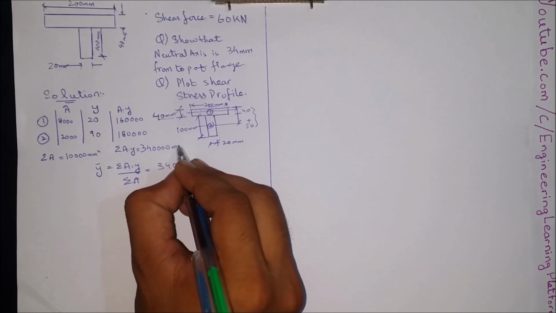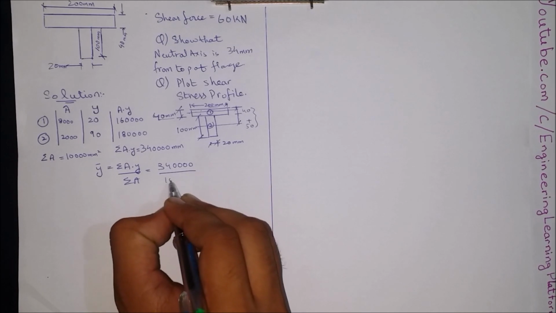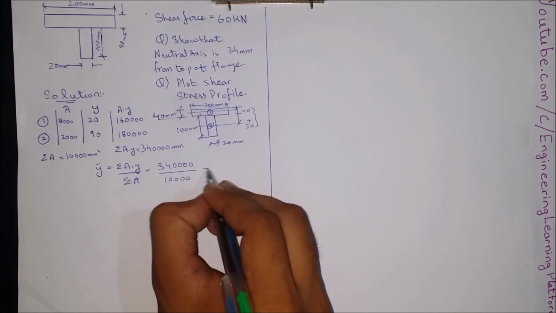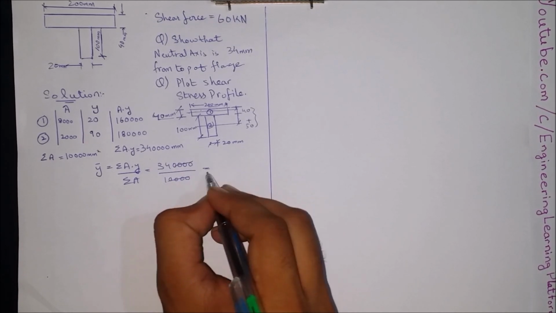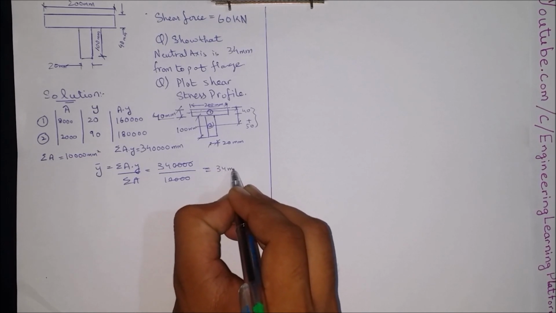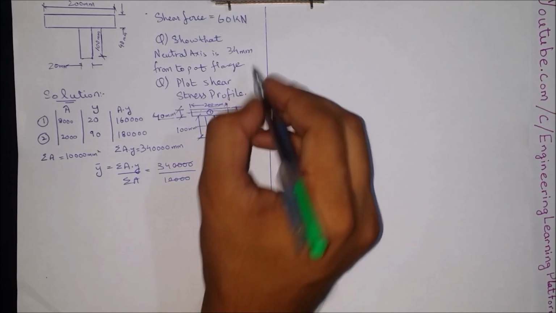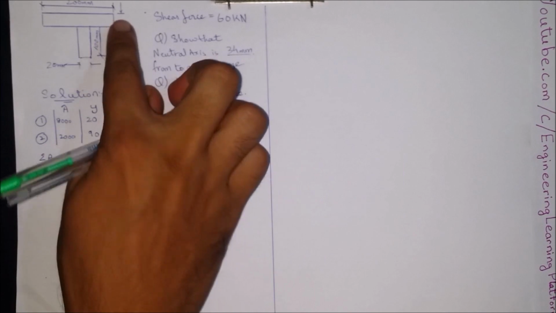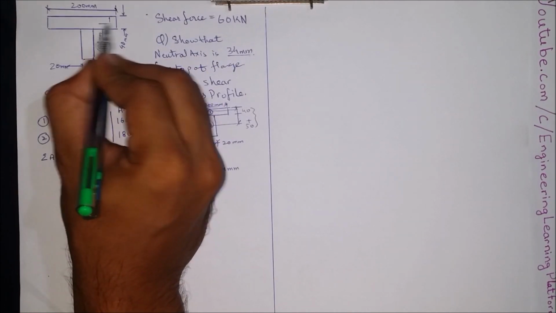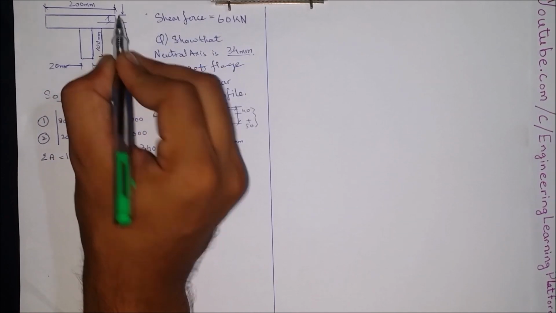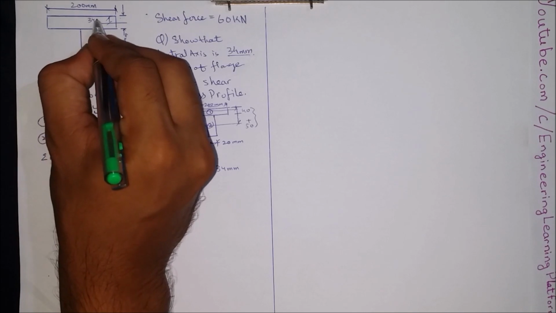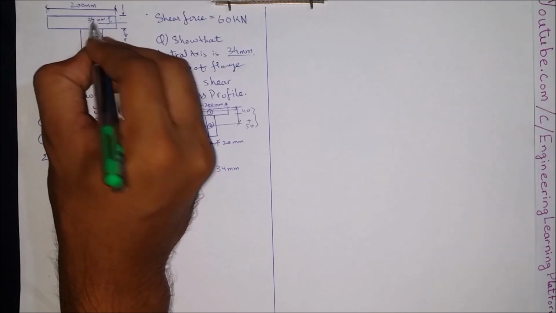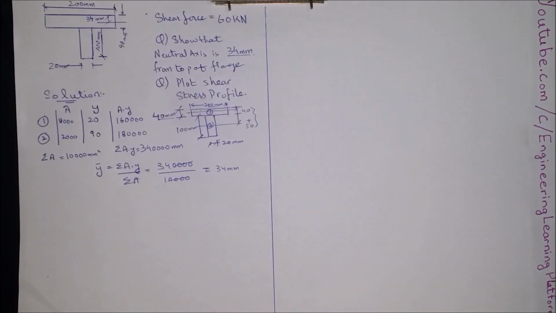Note that it was in millimeters. That comes out to be 34 millimeters. Hence, we have proved that the centroid from the top of the flange is 34 millimeters. Centroid or neutral axis here, it is the same.